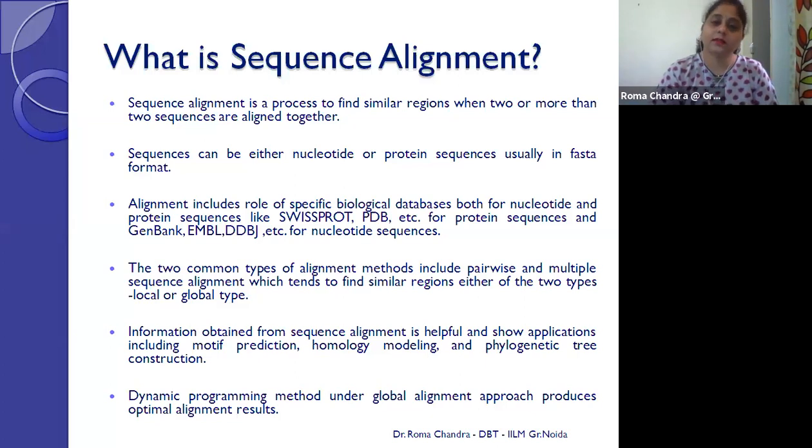The third important application of sequence alignment is phylogenetic tree construction. Phylogenetic tree construction is a process where we consider that the sequences are somehow related to each other, and the relationship between them is an evolutionary relationship. We consider that they are connected to each other, possibly generations before.